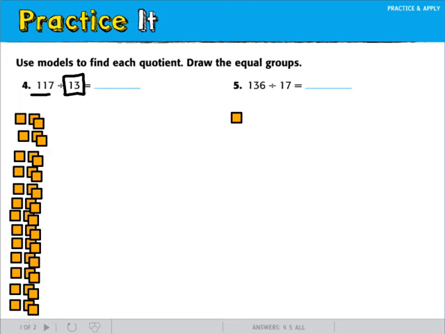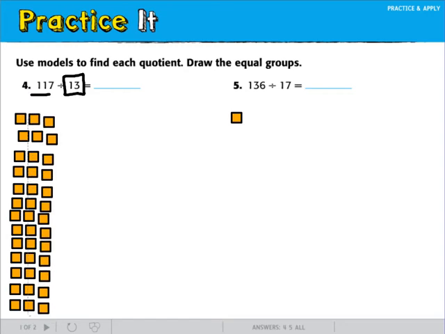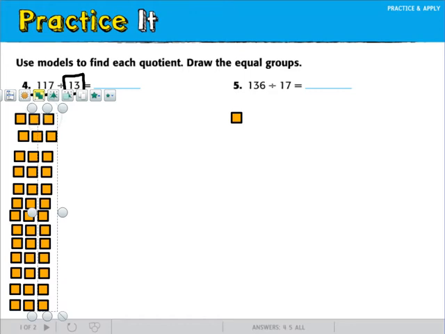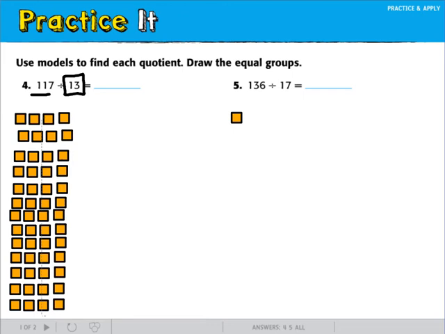Now I have 13 groups of 3. How many total? 39. 13 groups of 4, which is how many? 52.